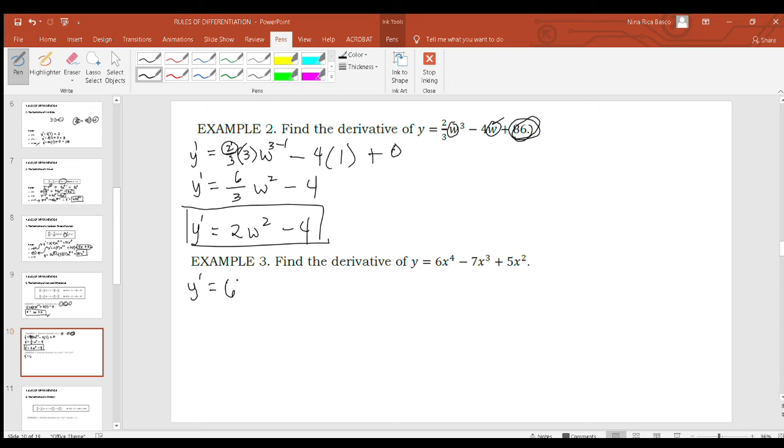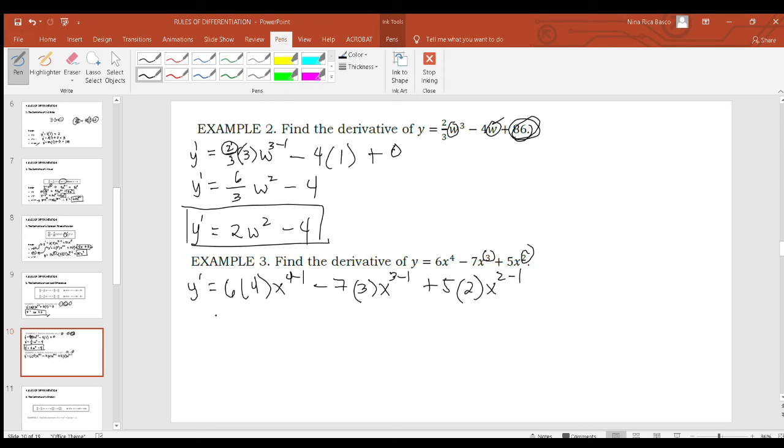Times 4 times x raised to 4 minus 1 minus 7 times, bring down yung 3 natin, x raised to 3 minus 1 plus 5 times, may exponent tayo sa x, kaya i-bring down natin yung 2. X raised to 2 minus 1.